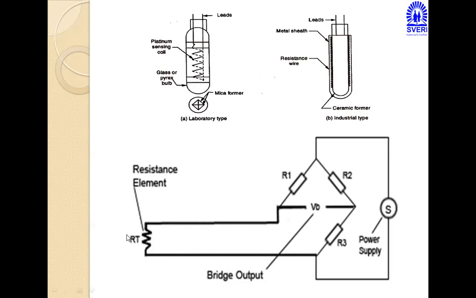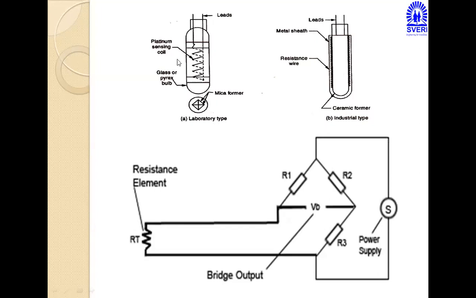When you are going to use it in a laboratory for education purposes, to measure the temperature, we are going to select the resistance that is laboratory type. Laboratory type means as a thermometer type.